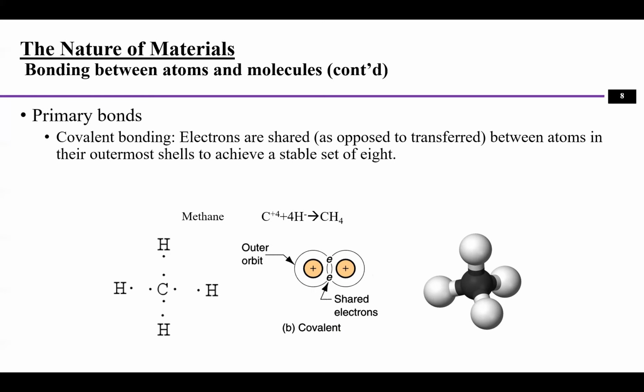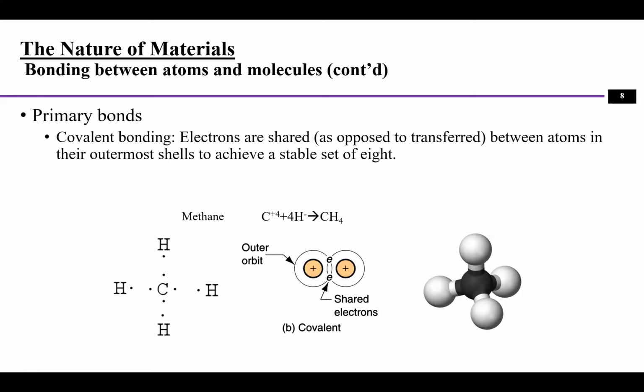For example, this carbon and also hydrogen, right? They form methane. So the carbon, as you can see here, really its stable state is how many does it need? Right, 8 electrons in the outer orbit.